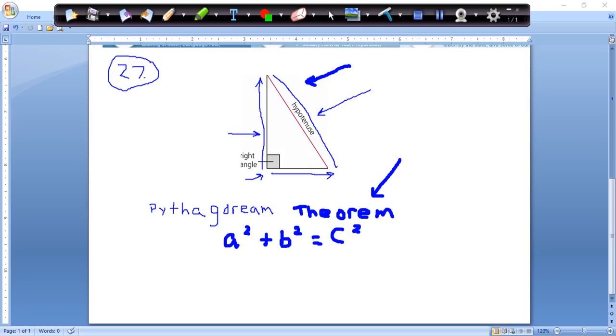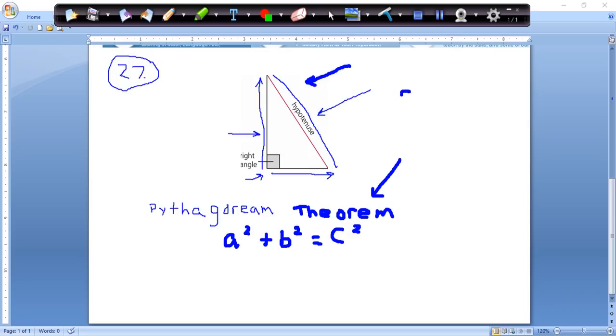So A squared plus B squared is equal to C squared. So we're going to plug the values in. Let's put it up here because I need a little bit more room. Remember, we're using the Pythagorean theorem. A squared plus B squared equals C squared.